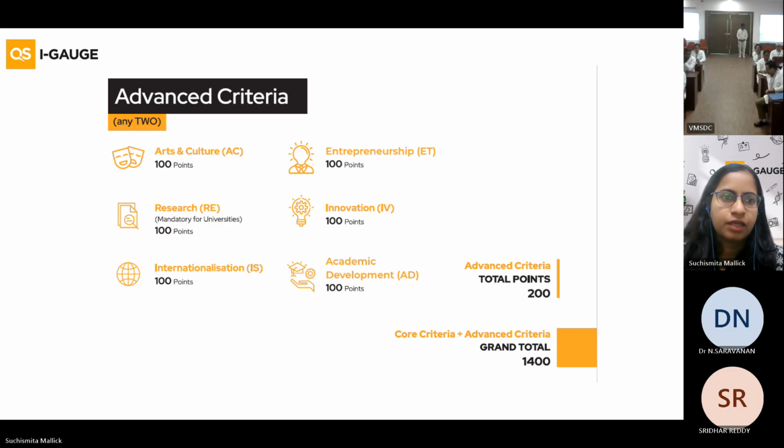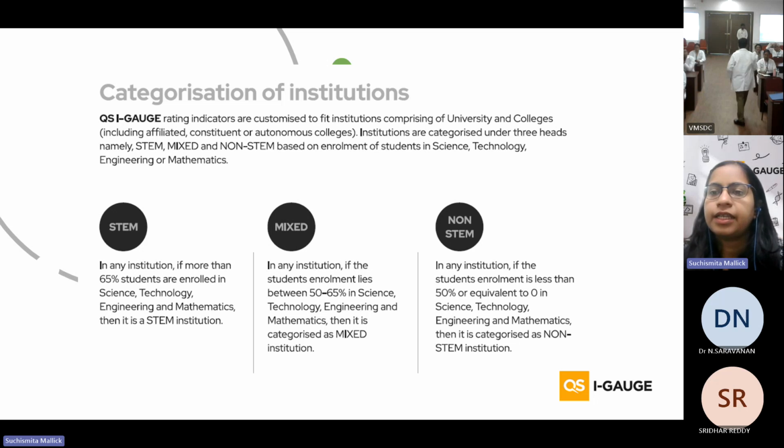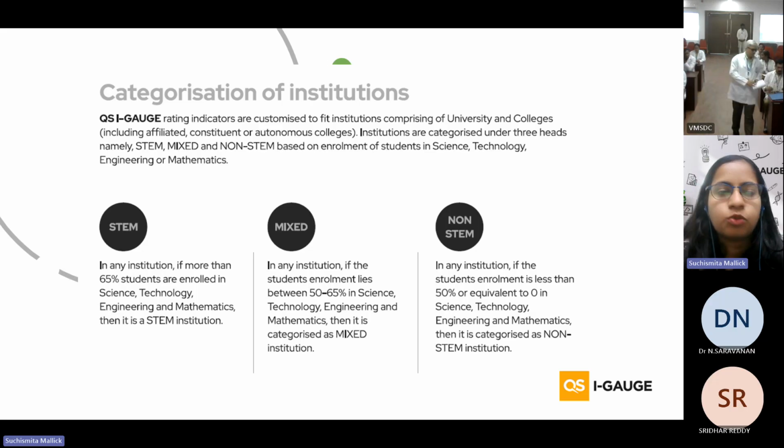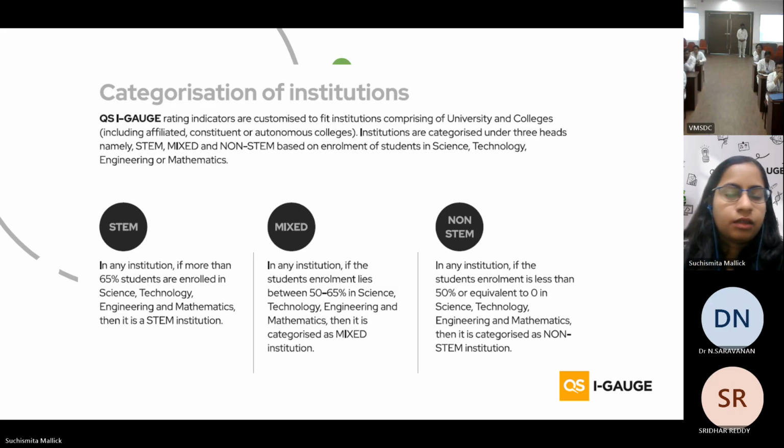Coming to the categorization of institutions. We are categorizing in 3 separate sets, which is STEM, mixed and non-STEM. It is completely based on the student enrollment. So let's say if 65% of the students enrolled in your college are into science, technology, engineering, or mathematics, then it will come under the STEM category.